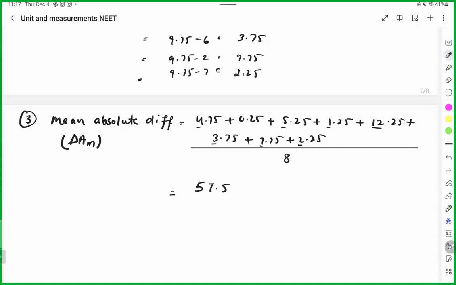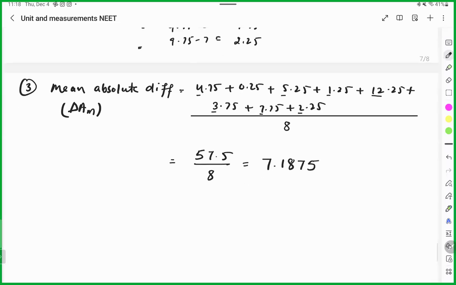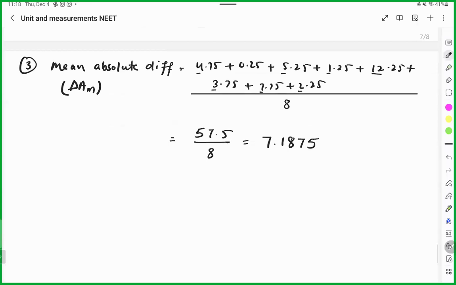Then 57.5 divided by 8: 7 8s are 56, remaining 1; then 8 1s are 8, remaining 7; 7, 8 8s are 64, remaining 6. Yes, this is the mean absolute difference in the apple distribution.